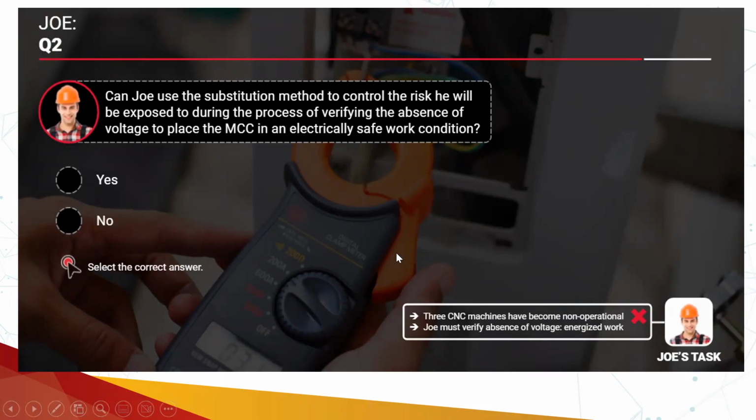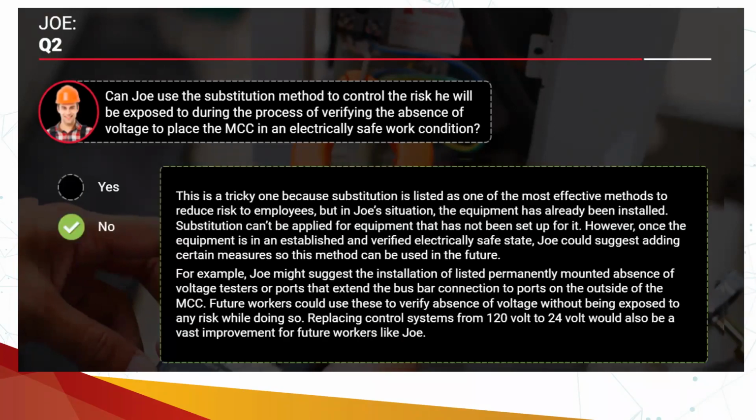Yes, what's your opinion? Can he use the substitution method? No, he cannot apply the substitution method at this stage because he has to verify the absence of voltage. So he does not have the time to change or bring some changes in the design.